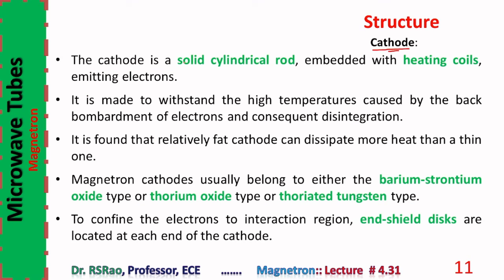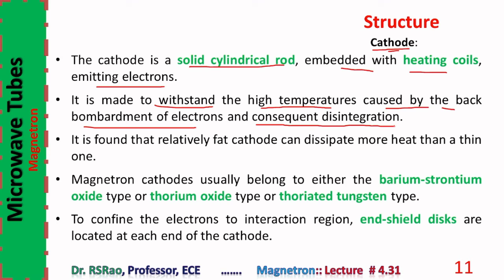The cathode is a solid cylindrical rod embedded with heating coils emitting electrons. It is made to withstand high temperatures caused by the back bombardment of electrons and consequent disintegration. Notice this is cathode. Cathode emits electrons. Some of the electrons, they return back to the cathode. Of course, remaining, they reach to anode and get absorbed there. So two types of electrons exist. One type returns back to cathode.